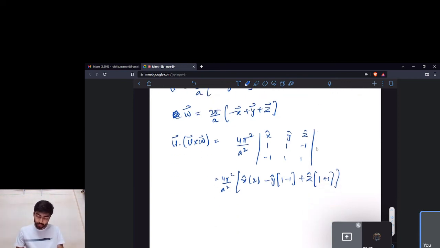Let's try to continue and see what happens then. 1 plus 1, 2. We have 1 minus outside, 1 minus 1. Let's see how we end up.